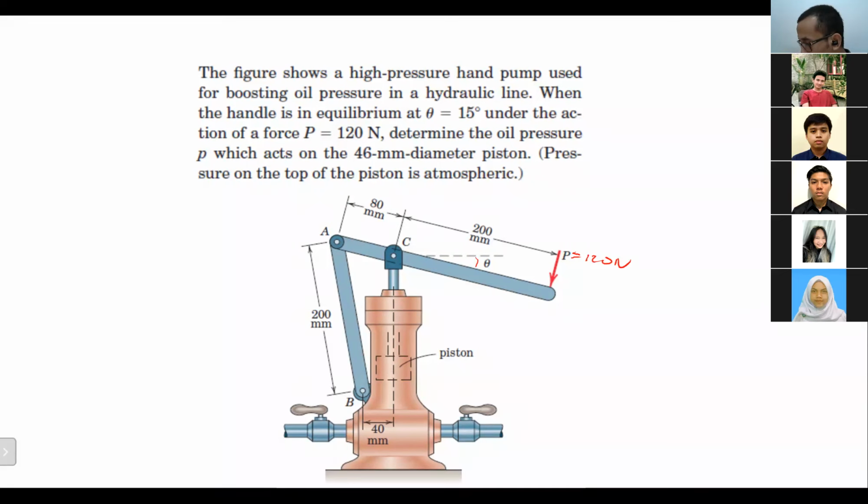So what is the oil pressure happening at this particular piston, which has an area with a diameter equal to 46 millimeter.